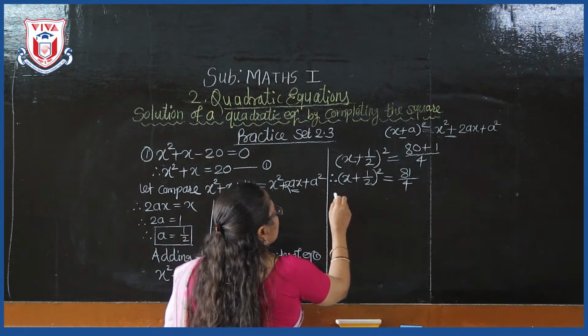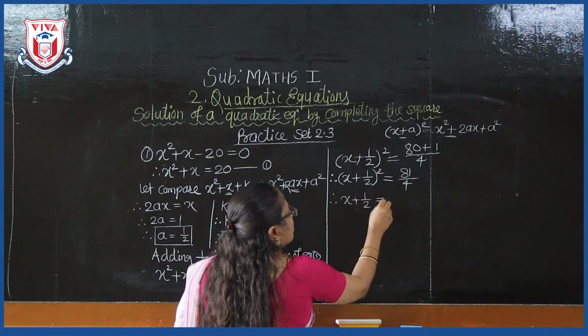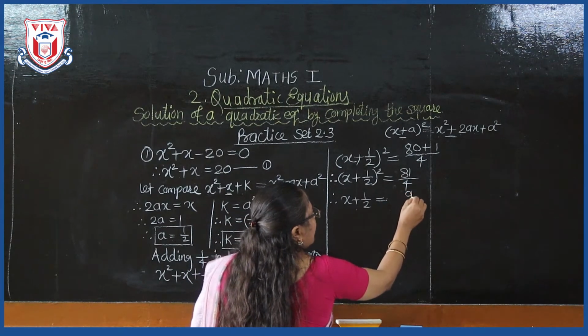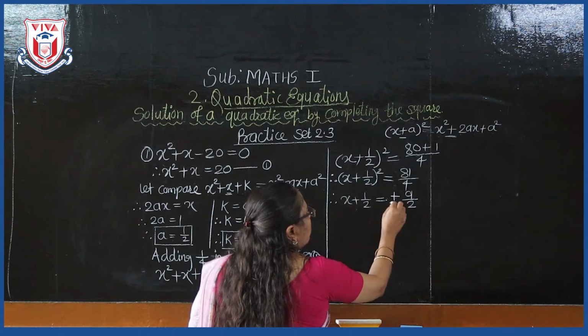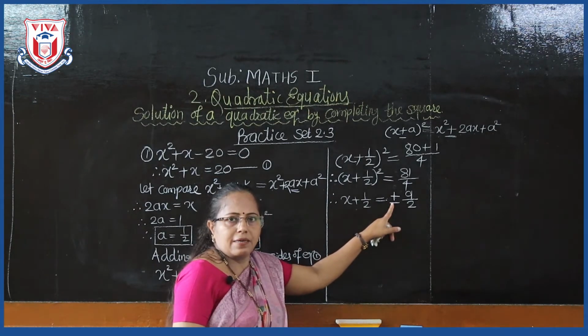Taking square roots, we will get x plus 1 upon 2. Now the square root of 81 upon 4 is 9 upon 2. But students, the square root may be positive or negative, so always you have to write the plus minus sign.